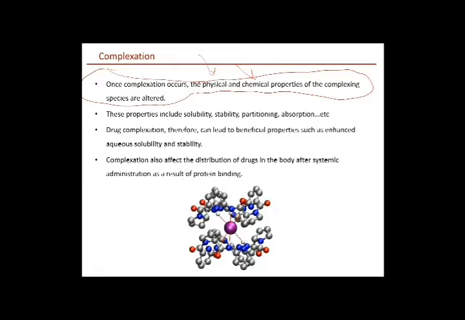Because let's say we have something and we don't like a property of this thing, or we want to change it to be the way we intend it to be. So complexation is one of the techniques or methods that we can employ to change the physical and chemical properties of species or chemical entities.